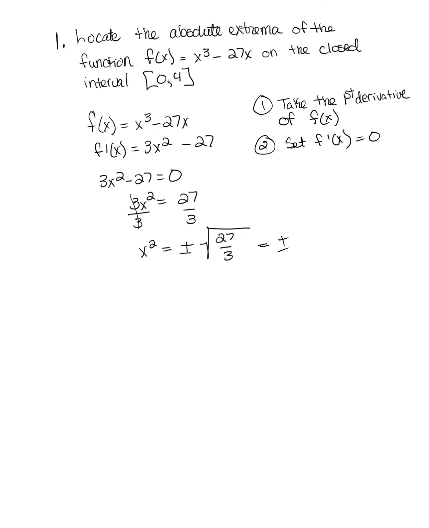So we'll say plus or minus the square root of 27 over the square root of 3. This ends up being the square root of 9 times 3 over the square root of 3, which equals the square root of 9, which is 3, times the square root of 3 over the square root of 3. Well, that's going to cancel, and we get that x equals plus and minus 3.